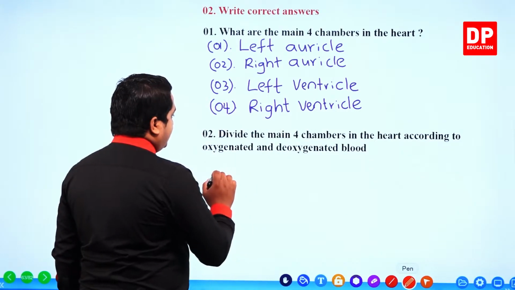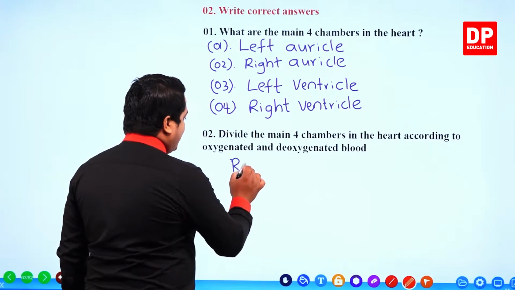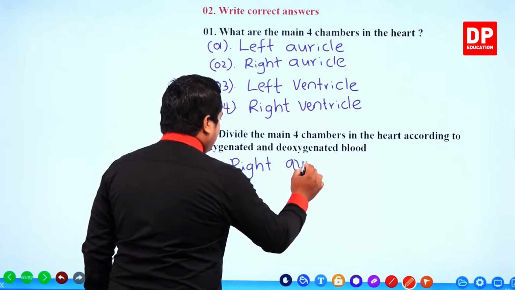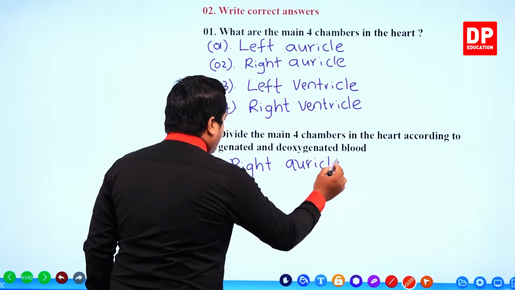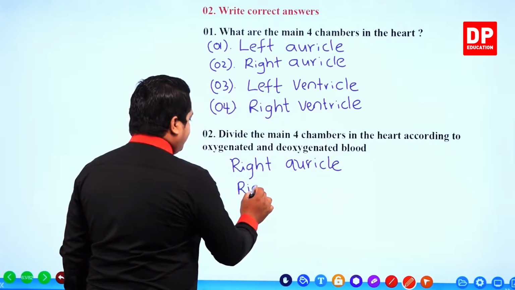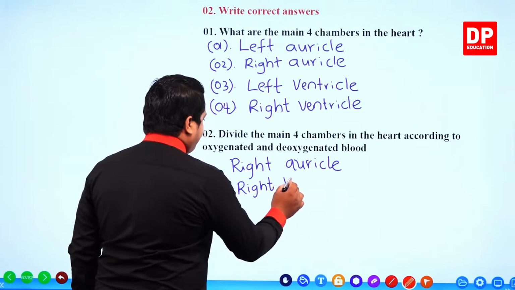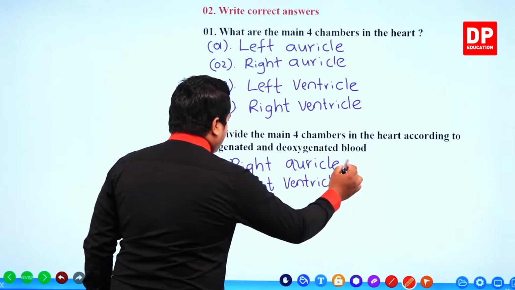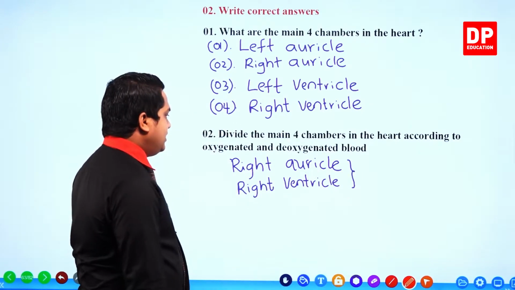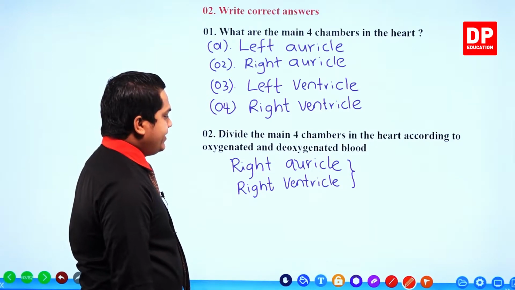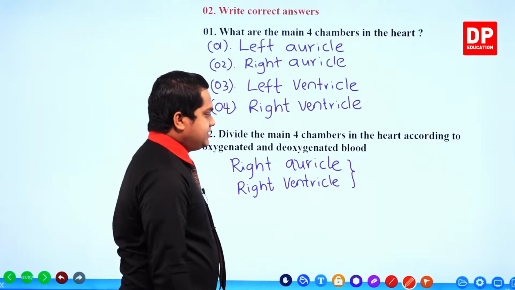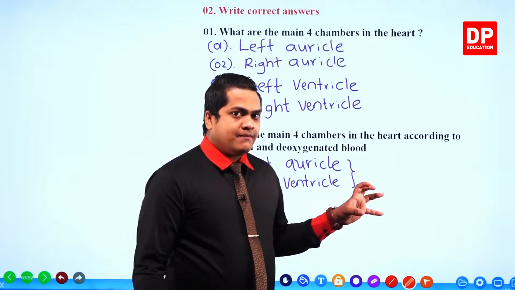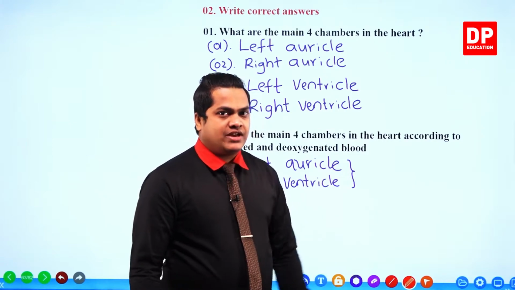So you know that the right auricle and the right ventricle, both of these chambers contain deoxygenated blood.